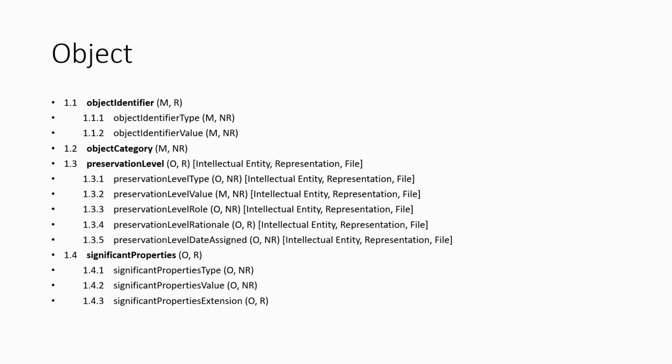Subunits under each semantic unit are called semantic components. When components are present, the semantic unit doesn't have a value of its own, but instead acts as a nest for the components. For example, under the object entity, semantic unit 1.1, the object identifier has two components underneath it, the identifier type and the identifier value.